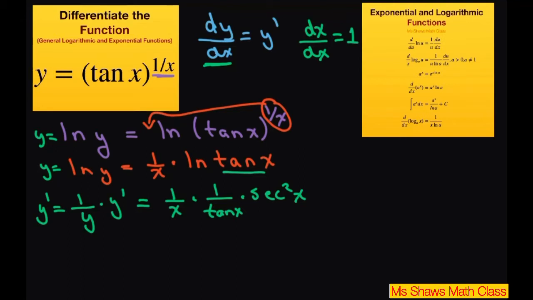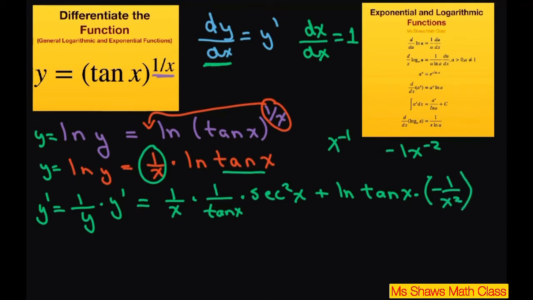All right, plus, just write your ln of tan of x. And the derivative of x to the negative first power, if I rewrote that, is negative 1 times x to the negative 2 power. So that's going to be times negative 1 divided by x squared.